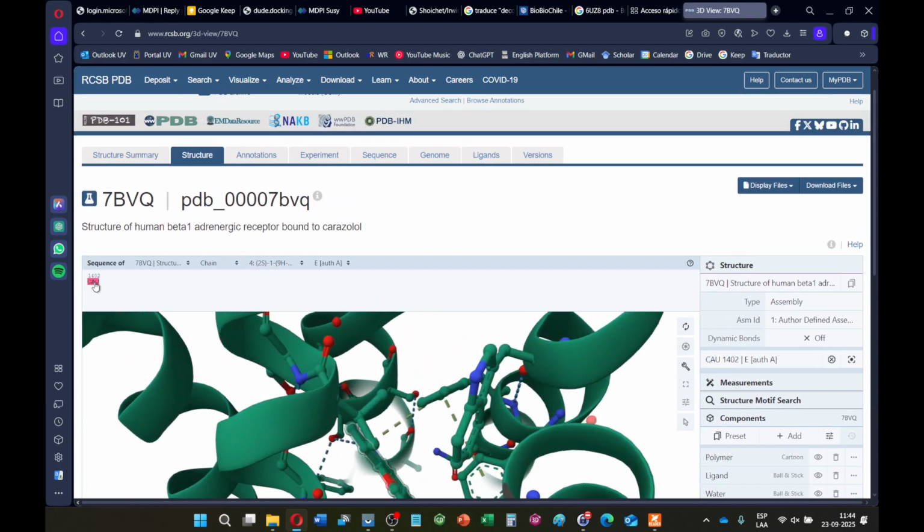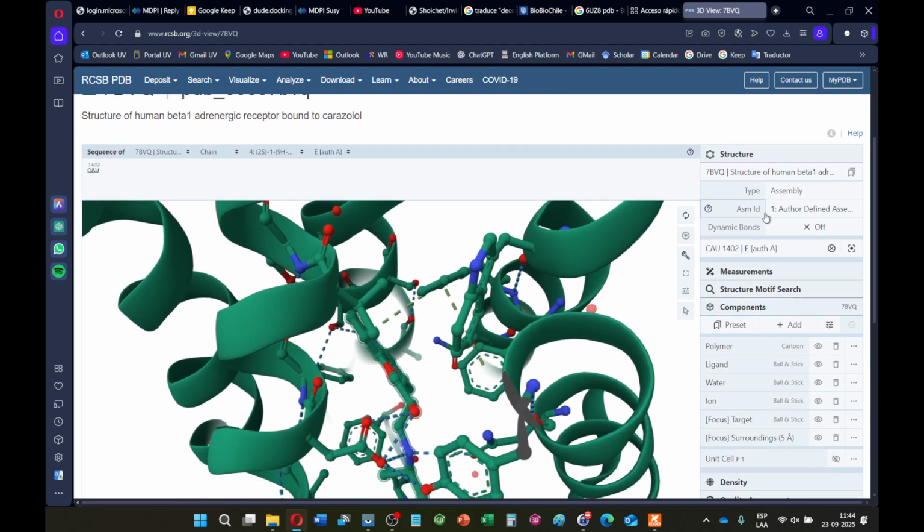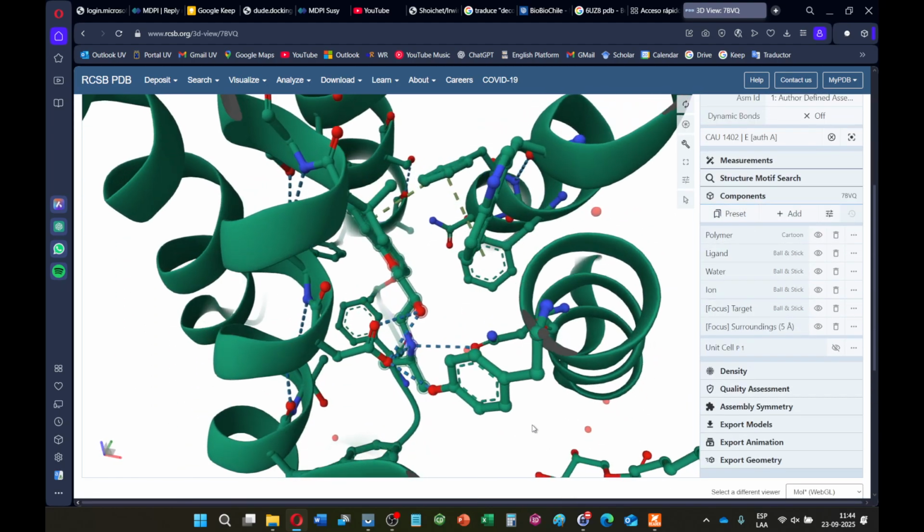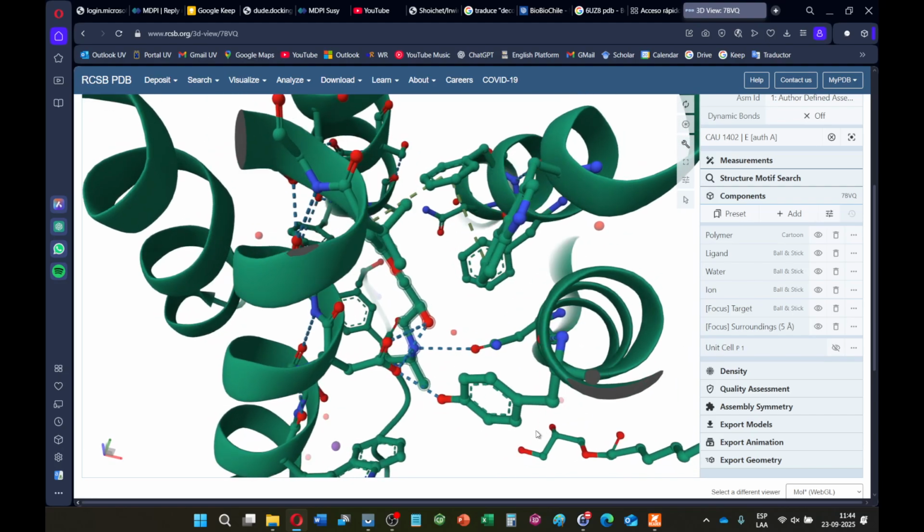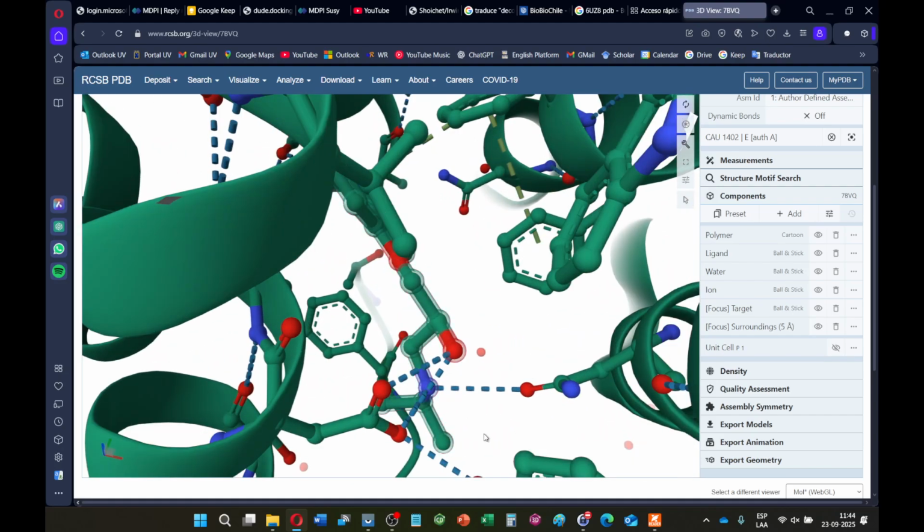Look there, yes. Then we have that this nitrogen is doing an interaction here with an asparagine, with the oxygen of the asparagine.